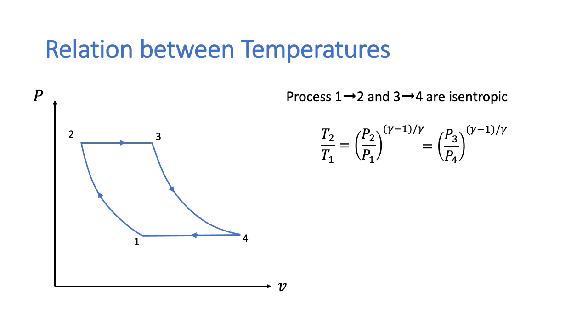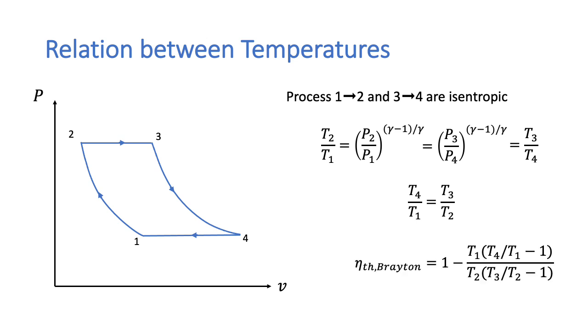So we can therefore write (P3 upon P4) to the power (gamma minus 1) upon gamma. But since 3 to 4 is also an isentropic process, this equals T3 upon T4. So therefore, we can write that T4 upon T1 is equal to T3 upon T2.